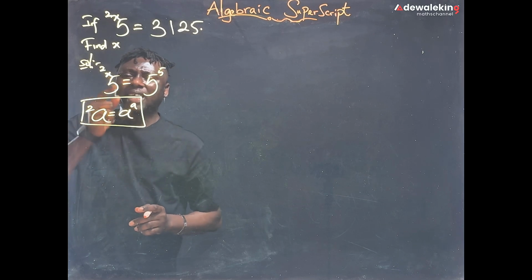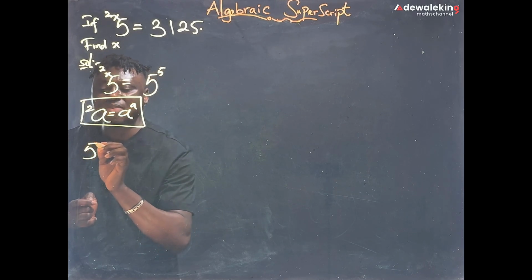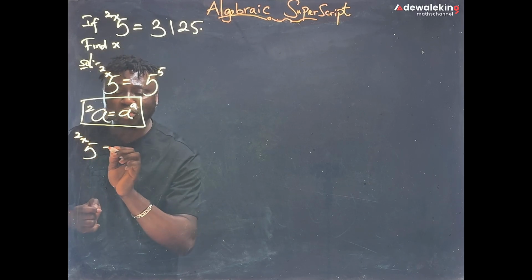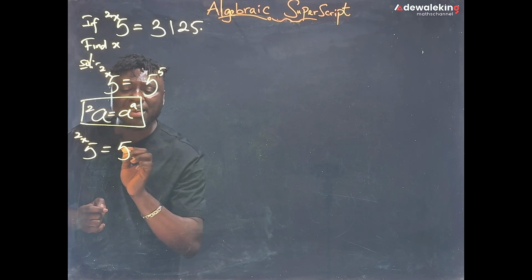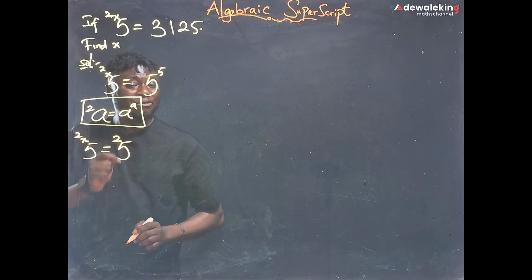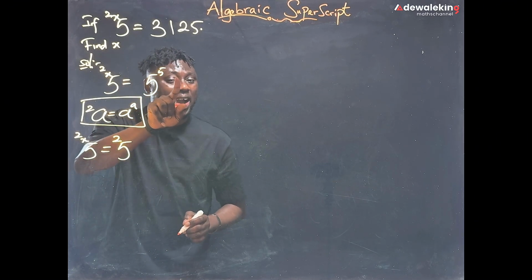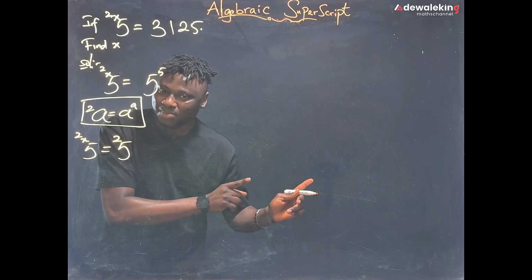So this is the same thing as 5 tetration x tetration 2 being equal to 5 tetration 2. 5 tetration 2 is the same thing as 5 raised to power 5 in exponentiation.